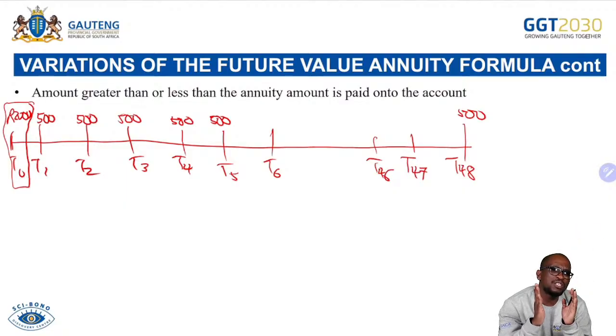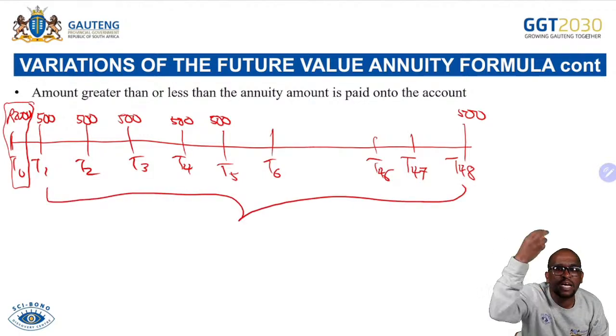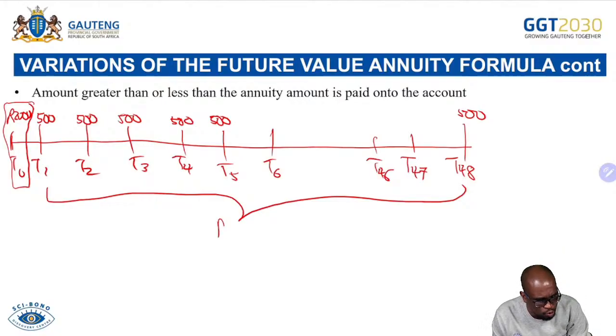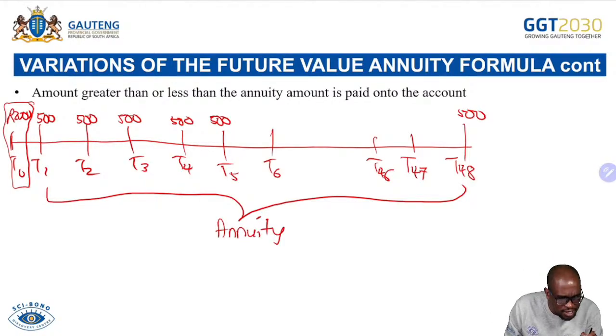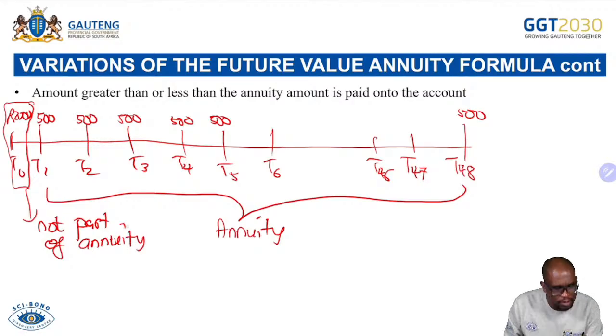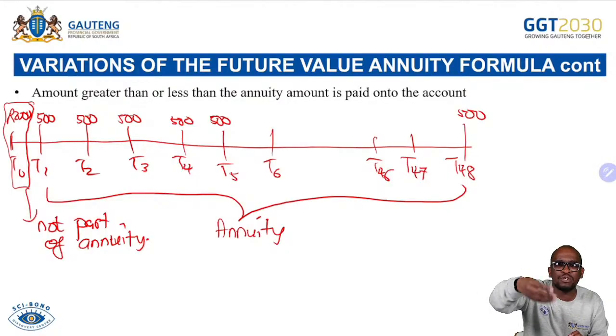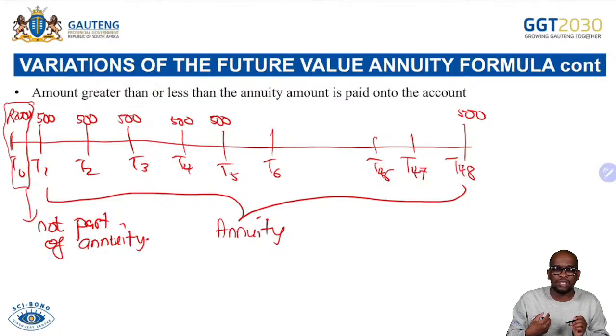Where is the annuity formed? The annuity is formed when you start paying the same amount at regular intervals. So that is where we develop the annuity. But this money is not part of the annuity, all right? This money is not part of the annuity because it is greater than the annuity or less than the annuity.